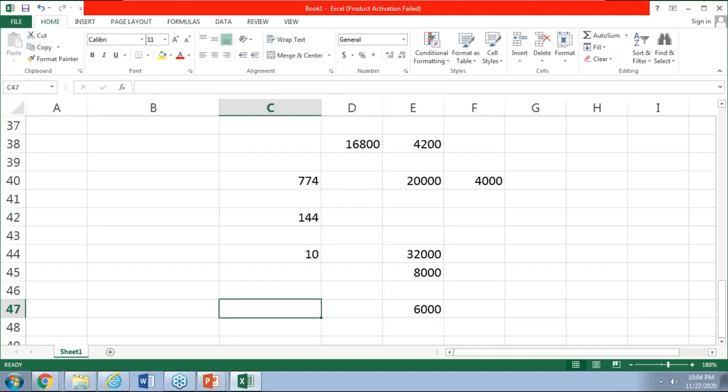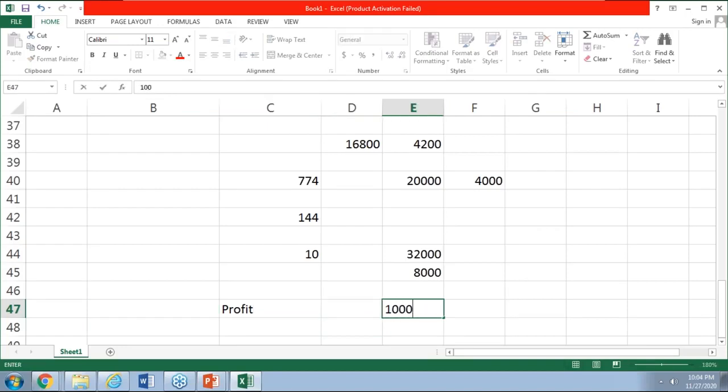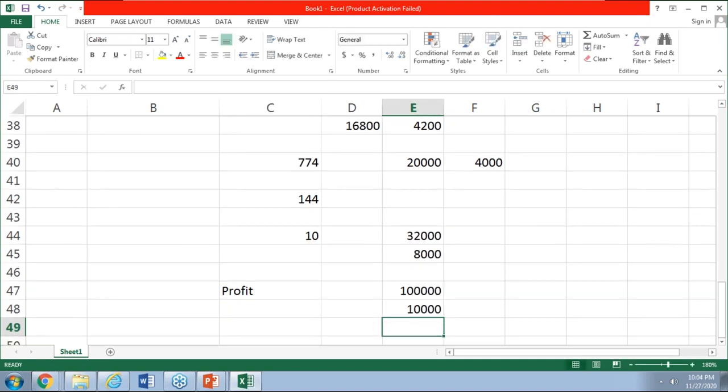The profit is 1 lakh, 6 months profit. Goodwill write-off is 10,000 and additional depreciation is 15,000.